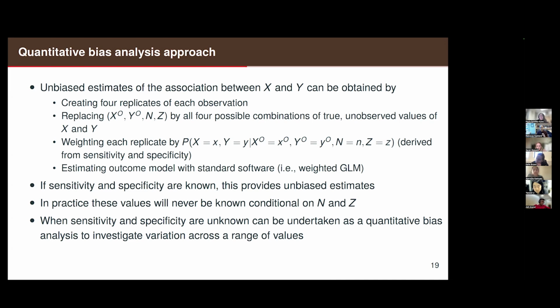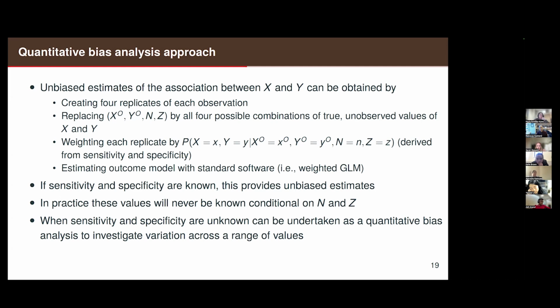We're then going to weight each of those replicates by the probability that that is the true exposure and outcome of that patient, which we will derive from the sensitivity and specificity of X* and Y*. Once we have this sort of quadruply multiplied and weighted data set, we can just analyze it using standard weighted regression approaches like weighted generalized linear models, weighted logistic regression.